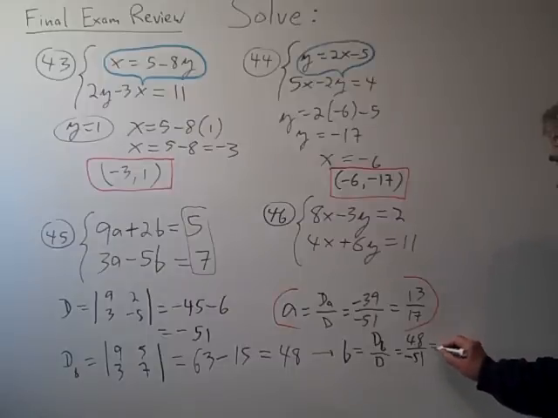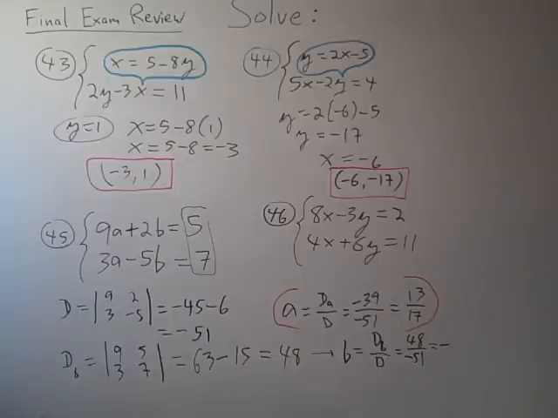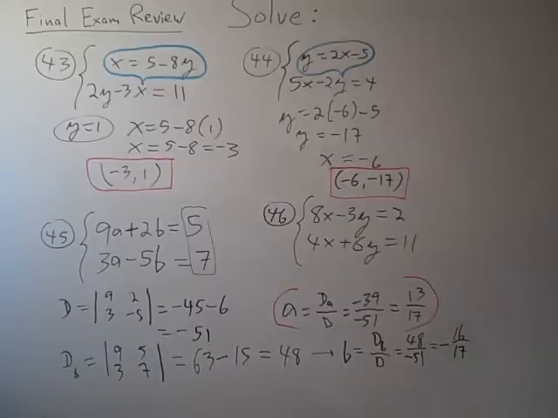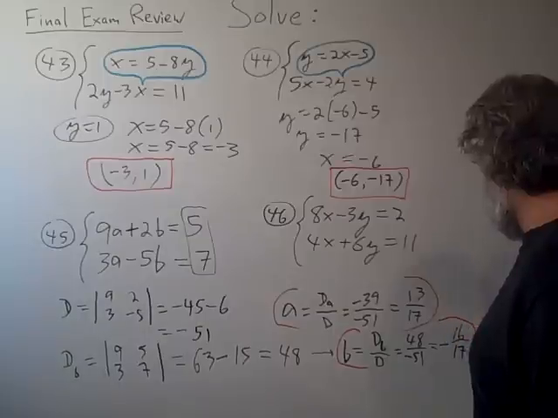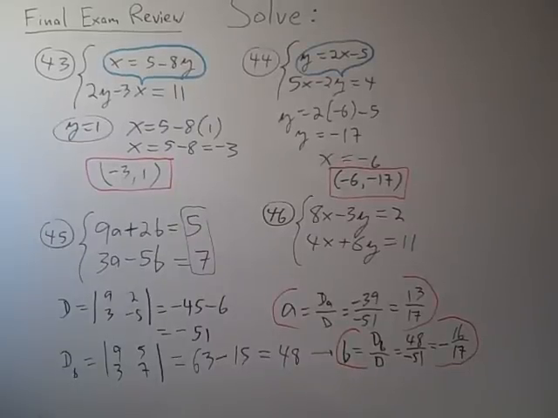Once again, 3 divides into each of these, and we get negative 16, and 51 divided by 3 is 17. So B equals negative 16/17. And so those are the solutions to this linear system. A equals 13/17, and B equals negative 16/17.